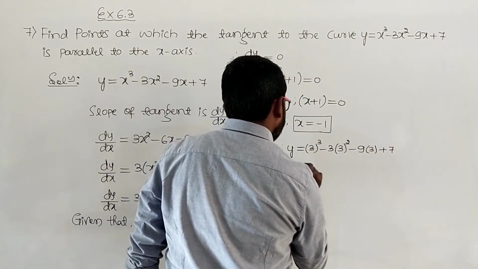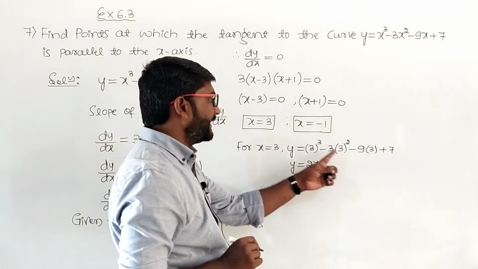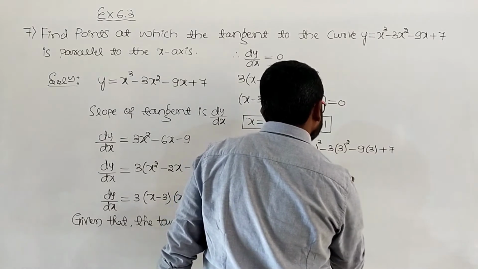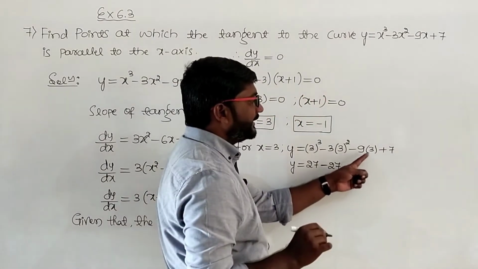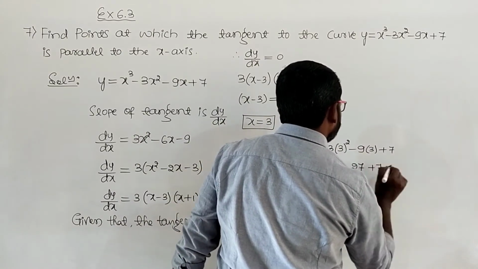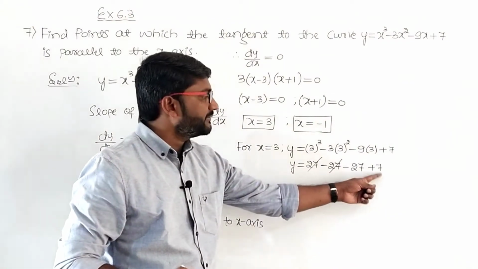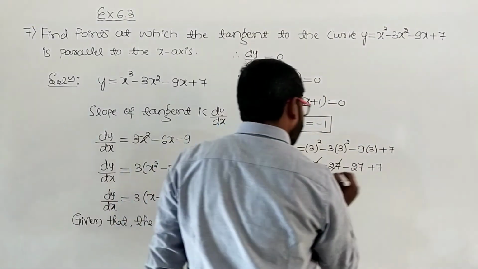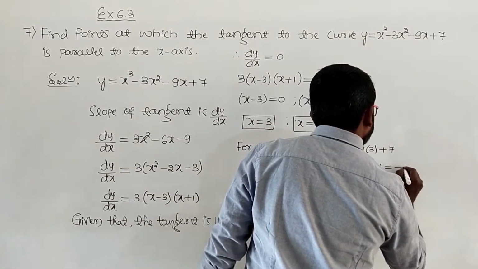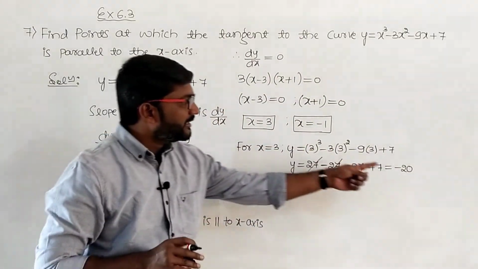So y equals 3 cube, it is 27, then minus 3 into 3 square, it is 27, and then minus 9 into 3, again 27, so minus 27 plus 7. So plus 27 minus 27 cancels, minus 27 plus 7 will be minus 20. So what is the first point now? It is 3 comma minus 20.